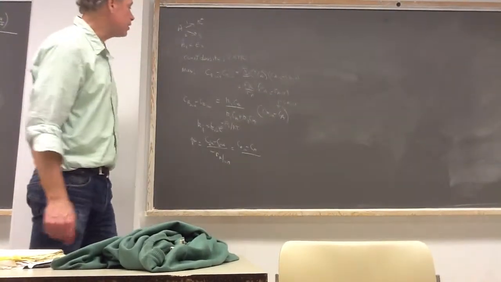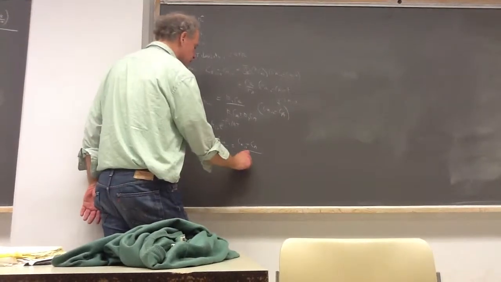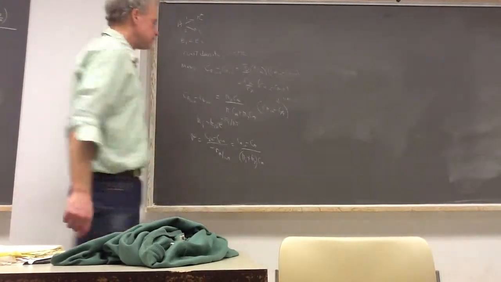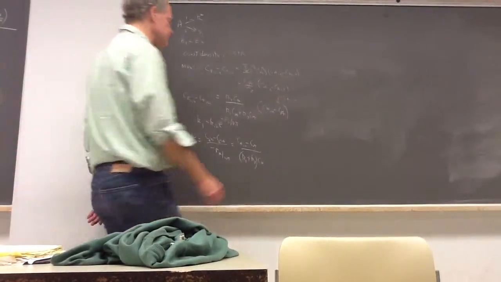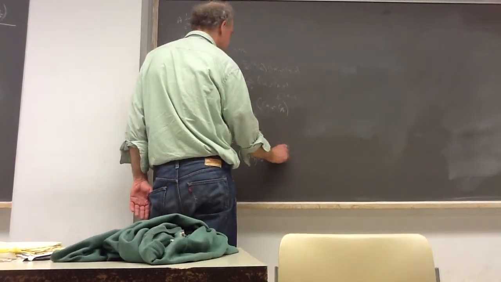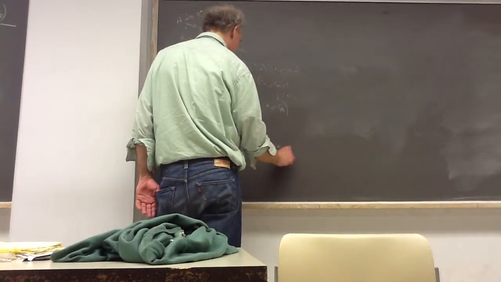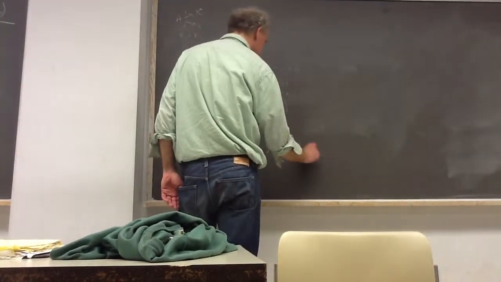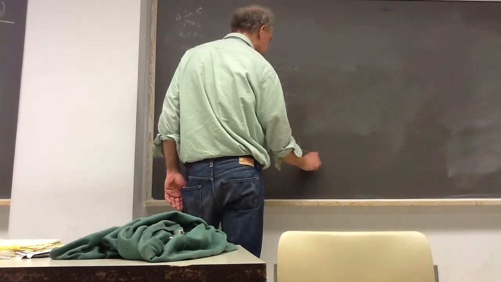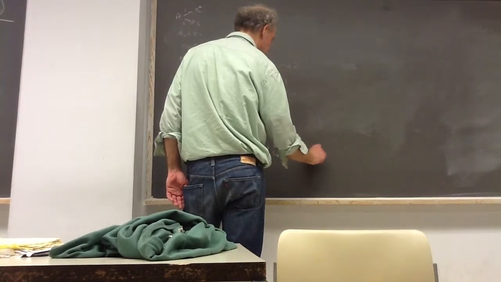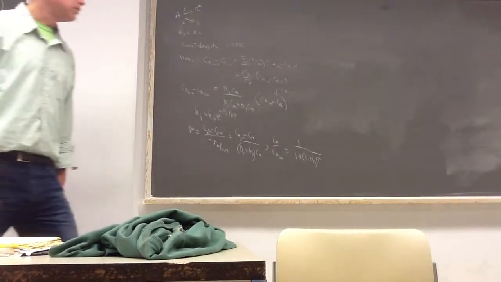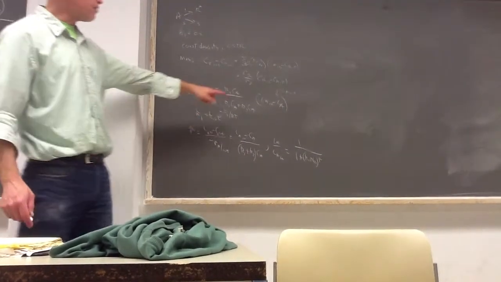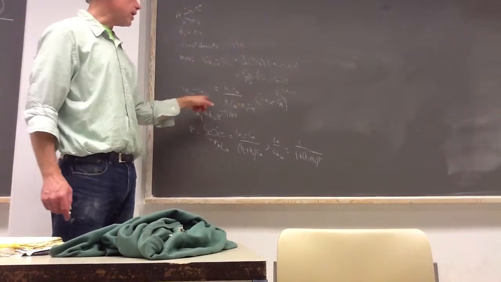We've solved this 100 times in this class: CA over CA in is equal to 1 over 1 plus K1 plus K2 tau. Okay, so now I can plug everything in and maximize.